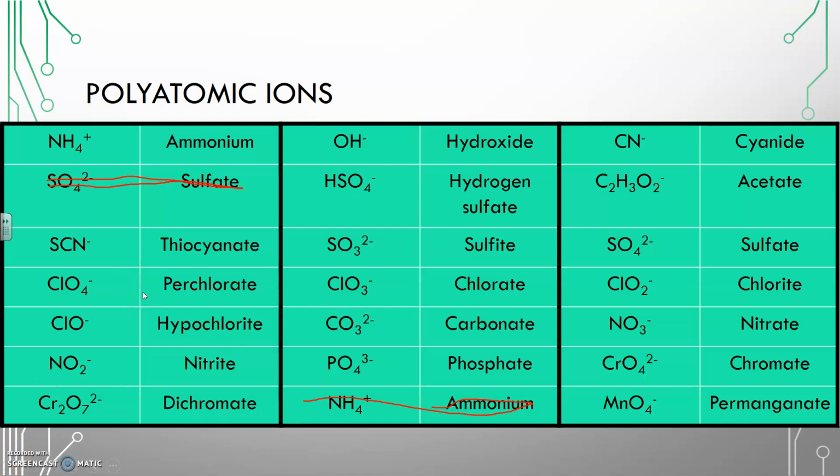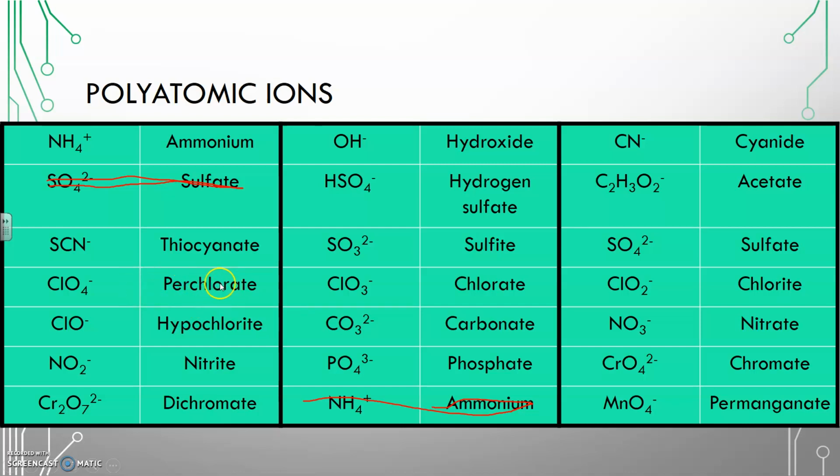The rule of thumb with these is that chlorate and chlorite are your 2 base polyatomic ions, the ates and the ites. Whichever one is ate has 1 more oxygen than the one that has ite. But if you go up to perchlorate, that will have 1 more oxygen than the ate.